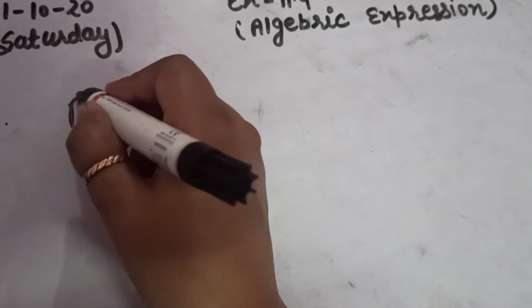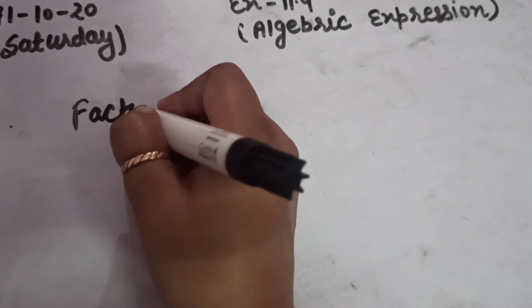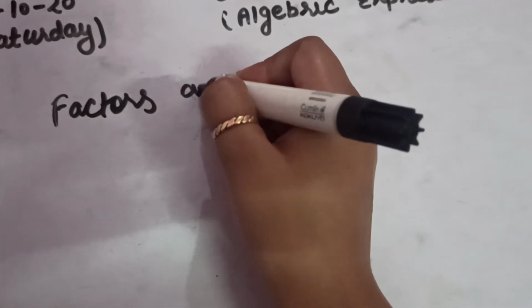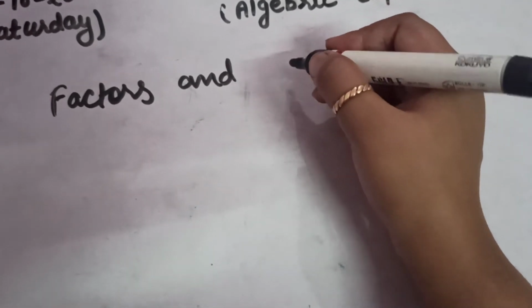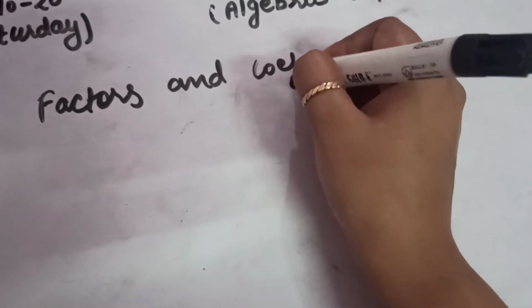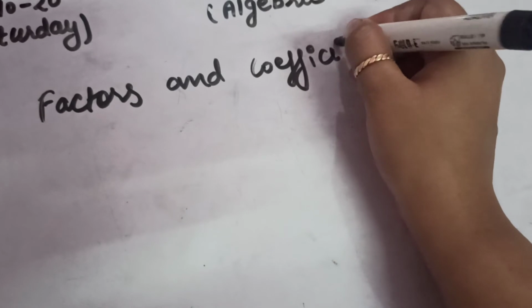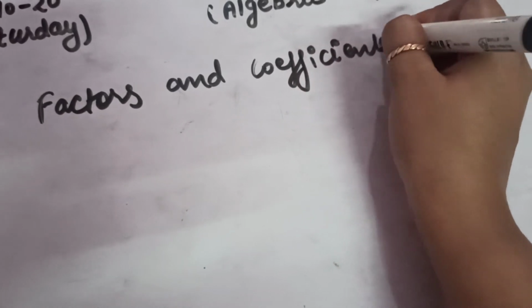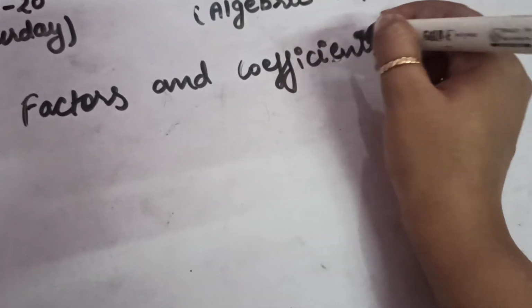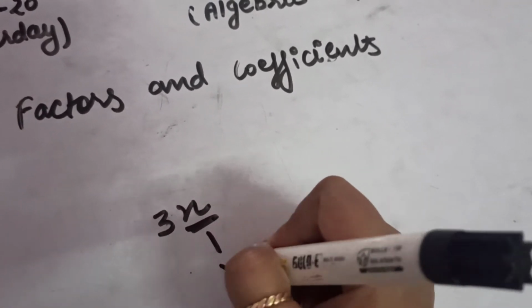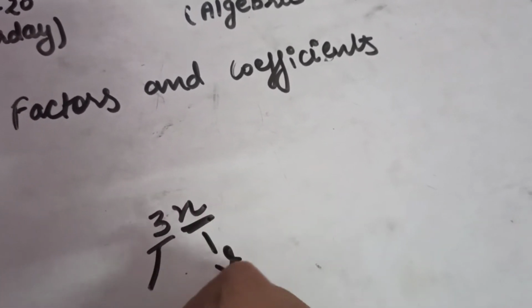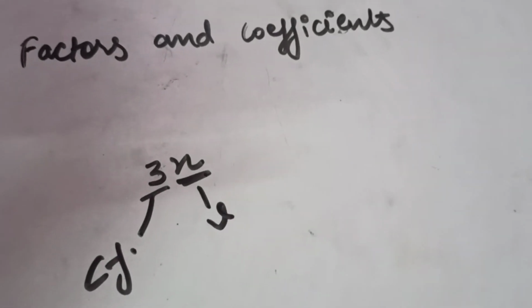So beta, what is a coefficient? Coefficients are the numbers with the variables, right? Coefficients are the numbers with the variables. See, like this 3x. So this x is the variable and this 3 is the coefficient. Clear?